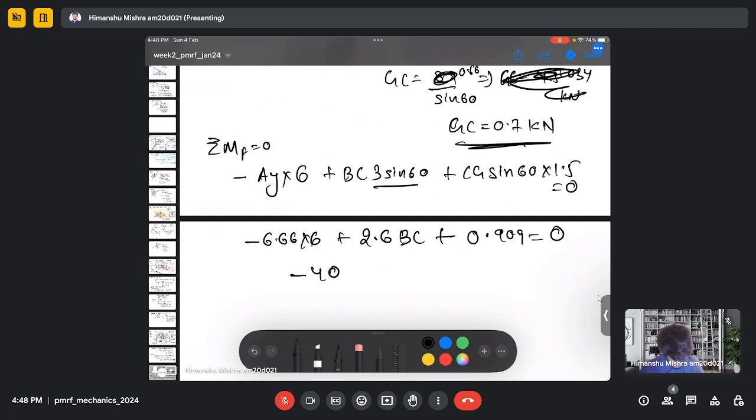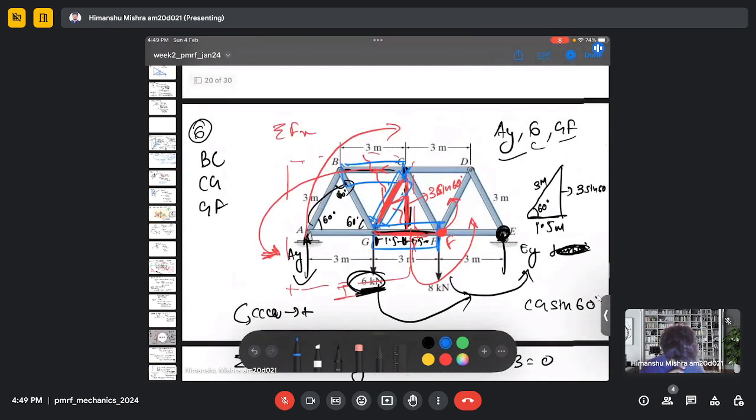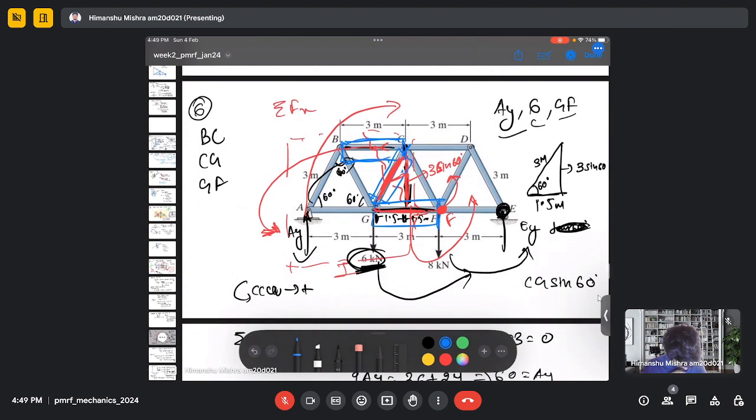This is 40. 0.909 equal minus 2.6 BC. So BC we will get around 15.7 kilonewton. So we identify the force in BC as well.